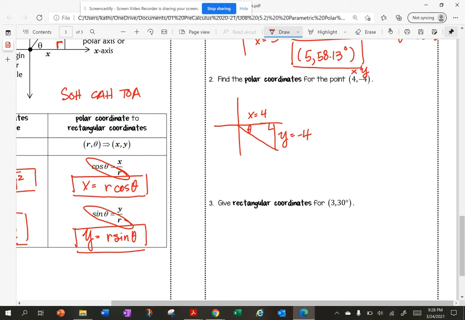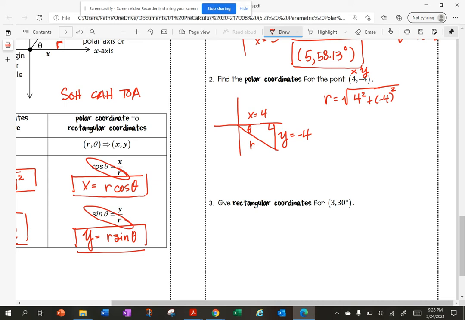Here is my angle. Here's my radius. Okay, so to solve for r is the square root of x squared. So 4 squared plus y squared, (-4) squared.